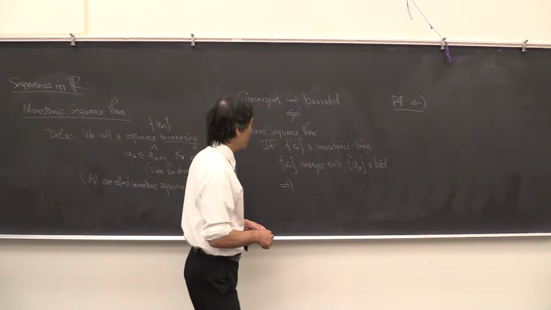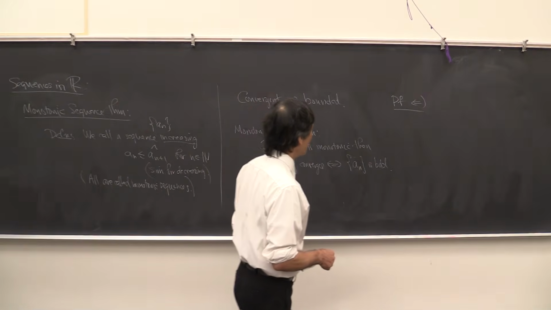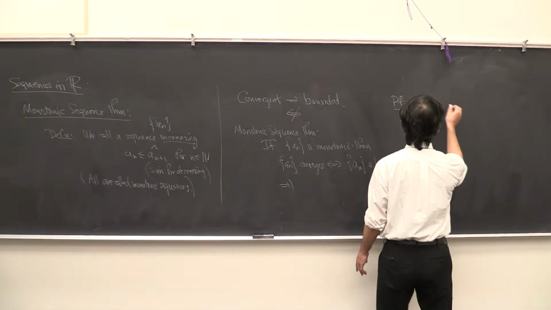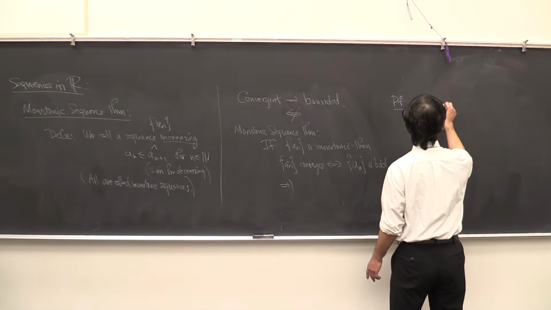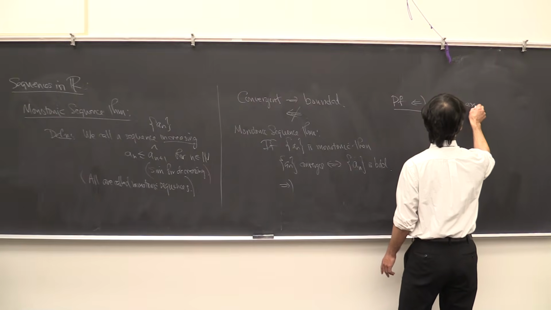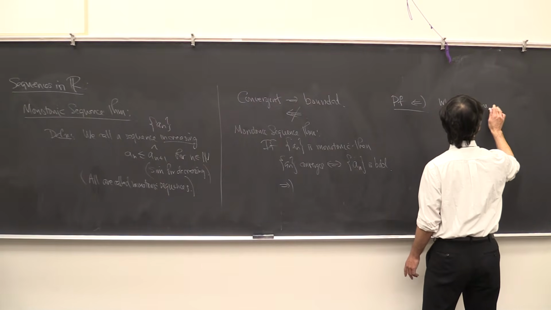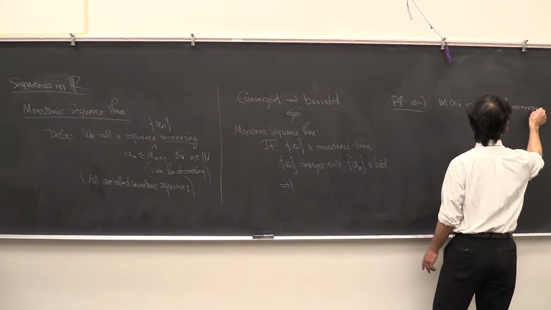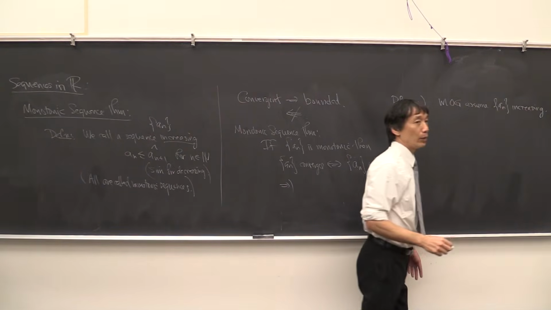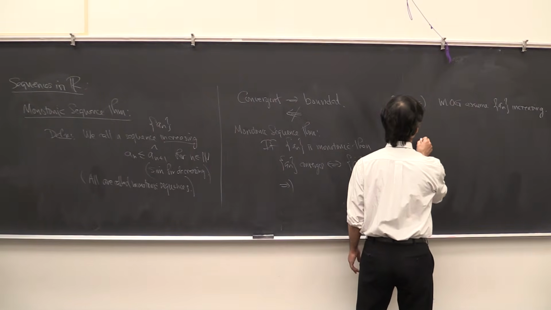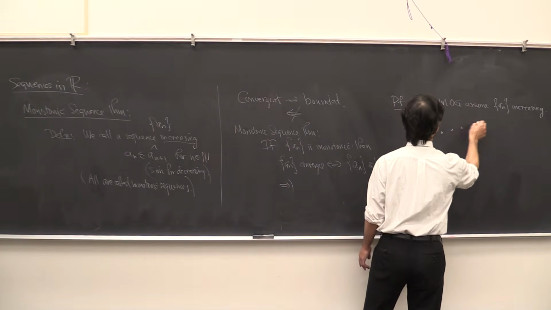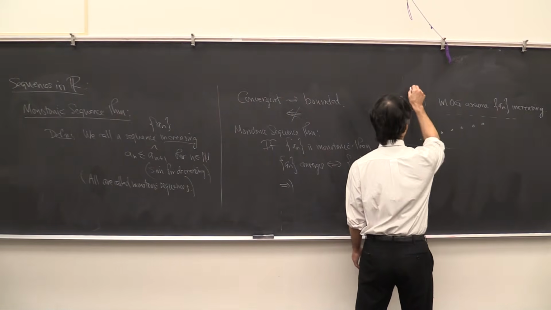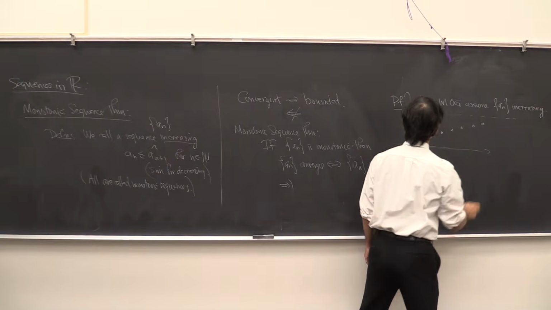Okay, so you have a sequence. It's bounded. For simplicity, without loss of generality, let's assume that it's increasing. It's increasing and it's bounded above, so there's some upper bound for its values.